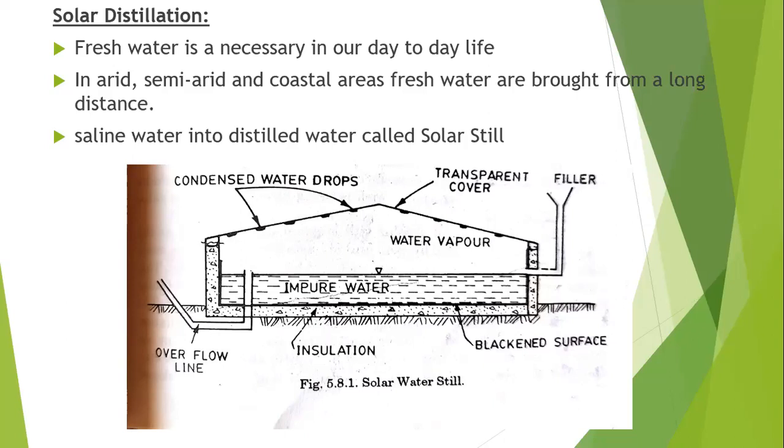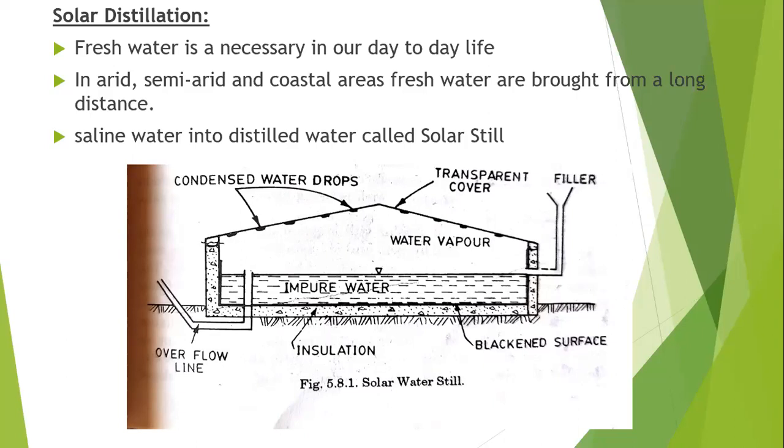Due to these adverse conditions faced by villages, we can use solar energy for converting saline water into distilled water. Pure water can be obtained by distillation in the simplest solar still, generally known as the basin type solar still.